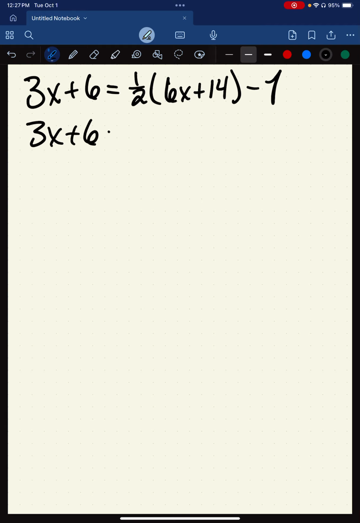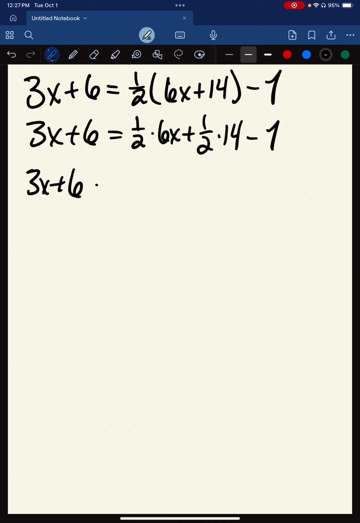Well, kind of simplifying like we did last time, we can distribute, we get 1/2 of 6x plus 1/2 of 14, minus 1. 1/2 of 6x is going to be 3x. 1/2 of 14 is going to be 7. And we can continue to simplify.